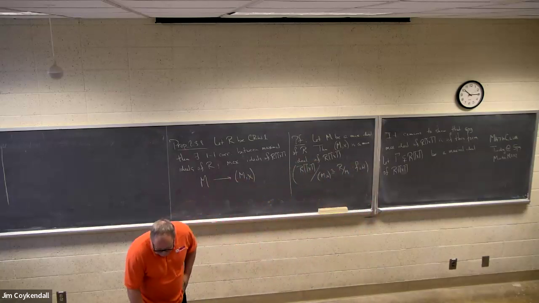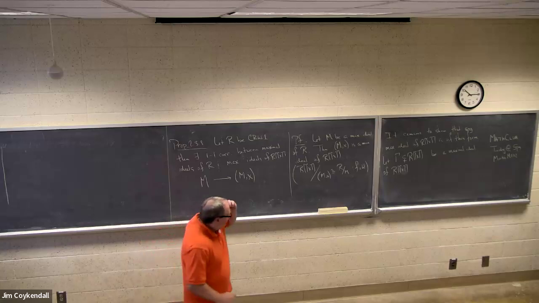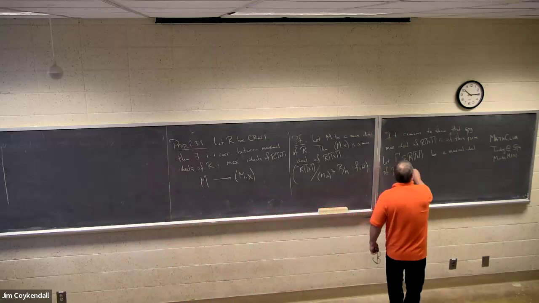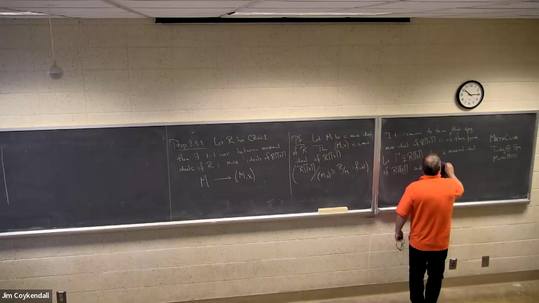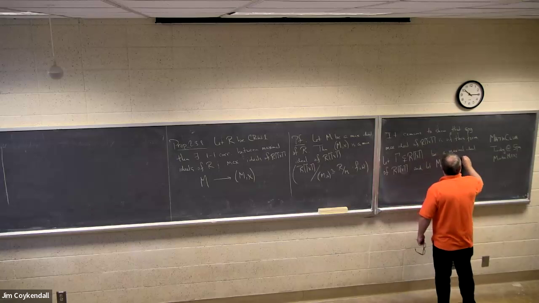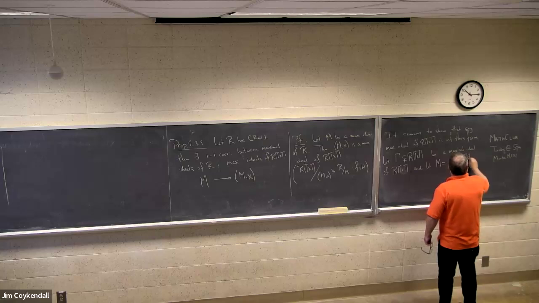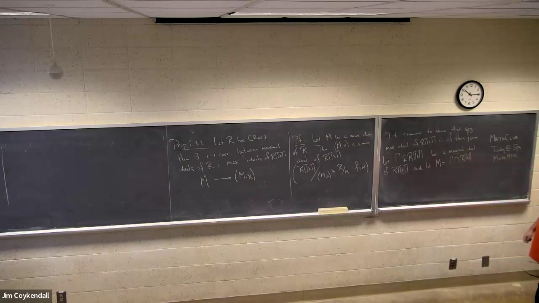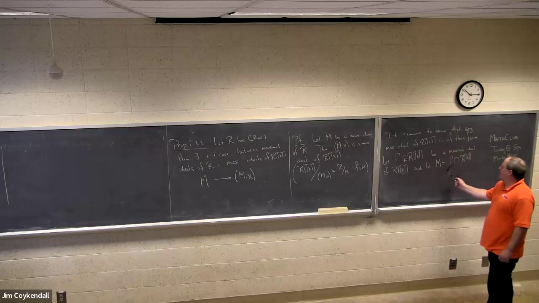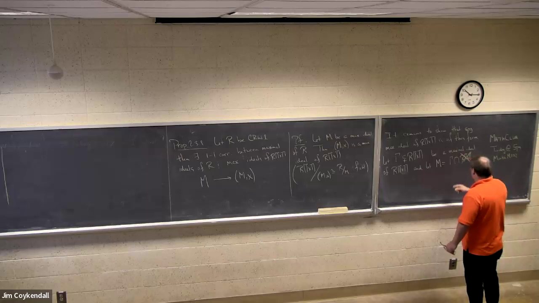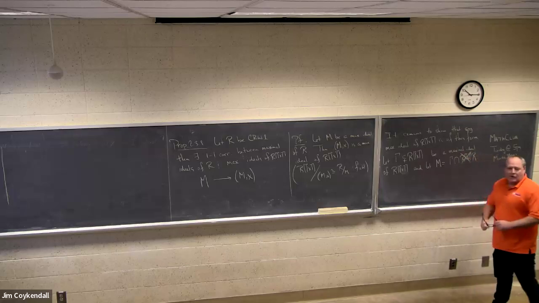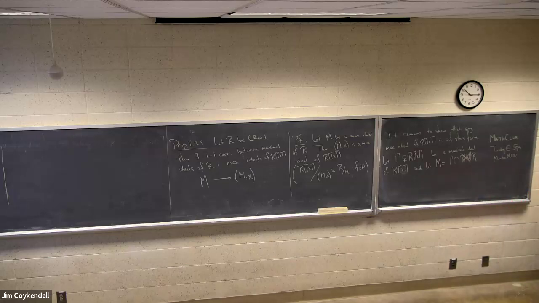Now, notice that, so let M be, take whatever this maximal ideal is and intersect it down to R. So basically what we're doing is we're looking at all the constants.